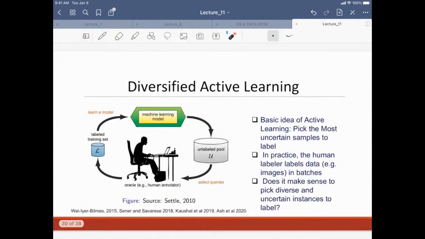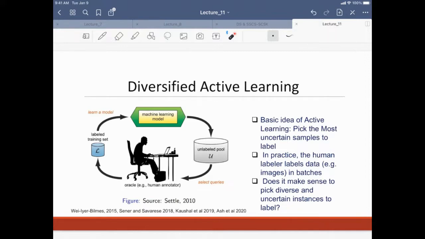There have been a lot of approaches to diversified active learning. The basic idea is that you want to somehow combine uncertainty and diversity. I'll look at two techniques. One was work done by us almost 6 years back, in a 2015 ICML paper, and there have been several papers in between, even recently a 2020 paper in ICLR by Ash et al.